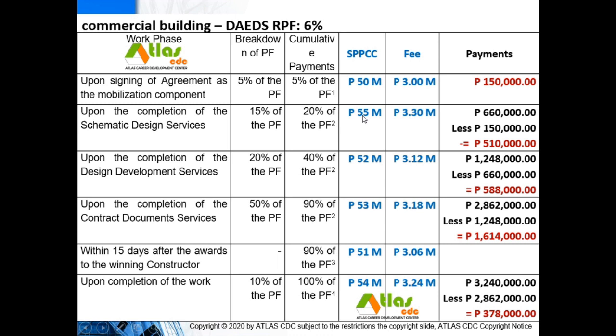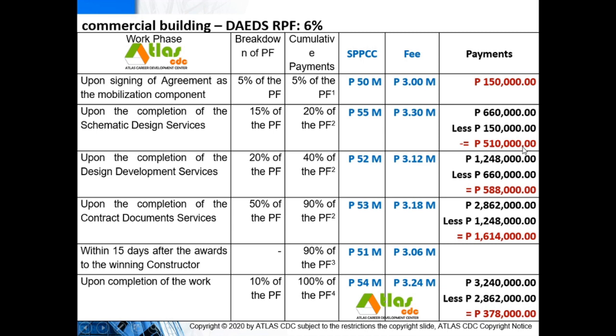Your fee is 6%, so that means your PF is 3.3 million. Using 20% of 3.3 million will be 660,000 pesos. Less your previous payment of 150,000, your receivable is 510,000.